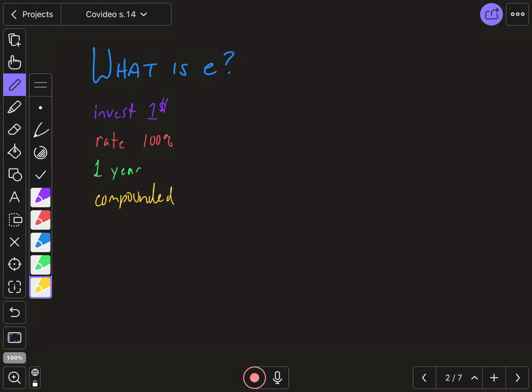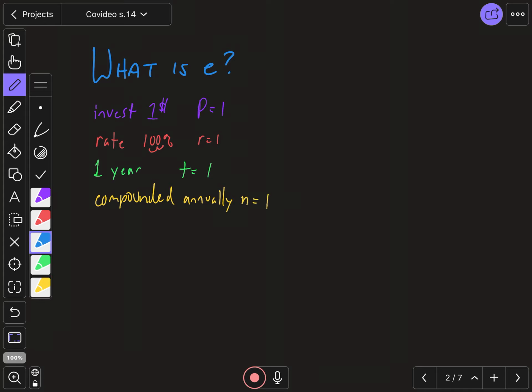So basically, what that means is that P equals 1, R equals 1, as you move that decimal place 2 times, T would equal 1, and then n would also equal 1. How much money would you make?